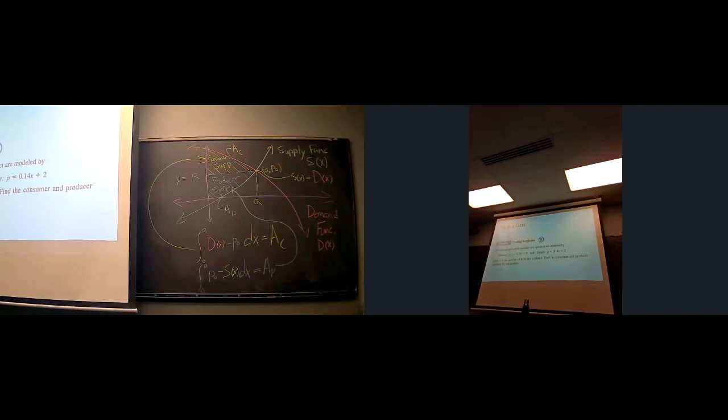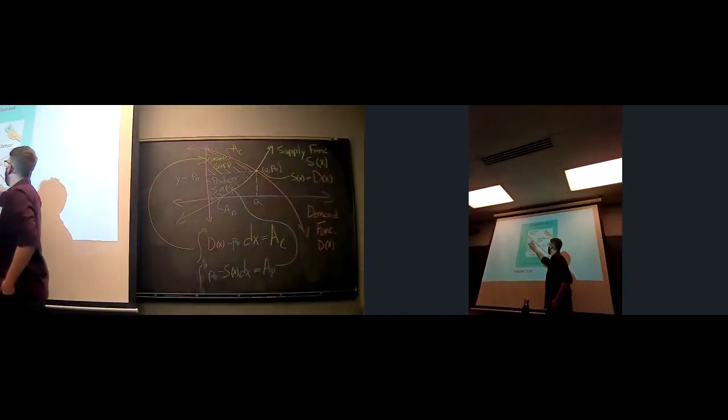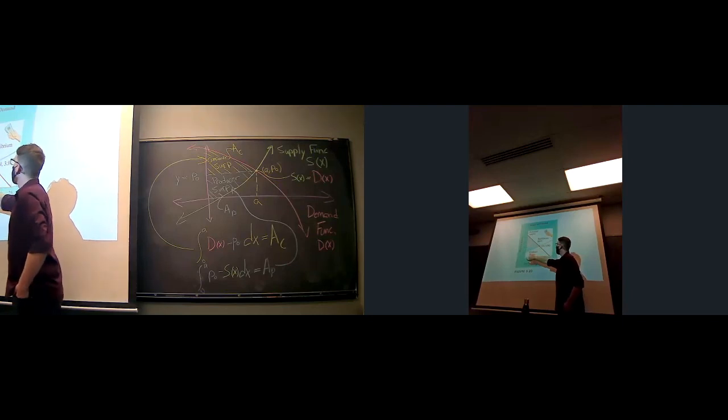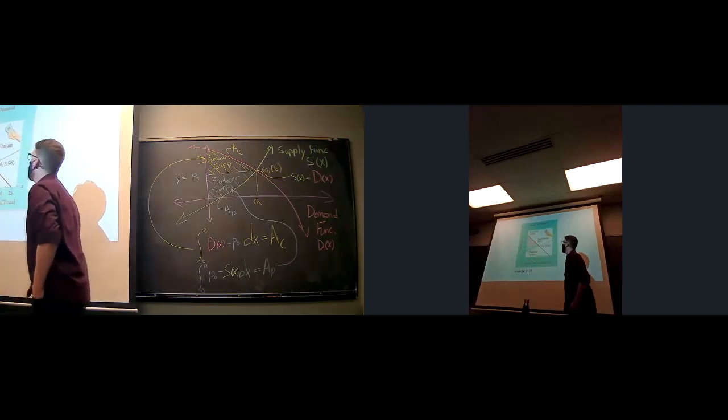So what we're going to do, I'm going to jump to the next slide and show the graph here. What we're going to do is find the point of equilibrium. We're going to find the producer surplus and the consumer surplus.